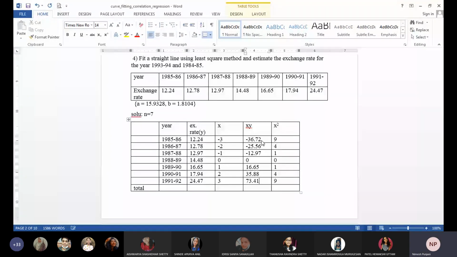So this is what you get. Then the total of everything, the total of y will also be required, so find the total of y.